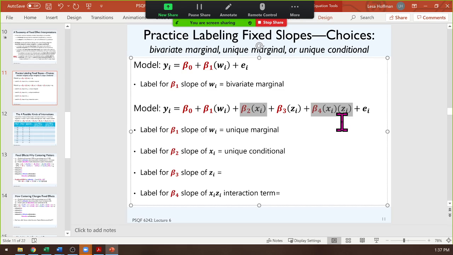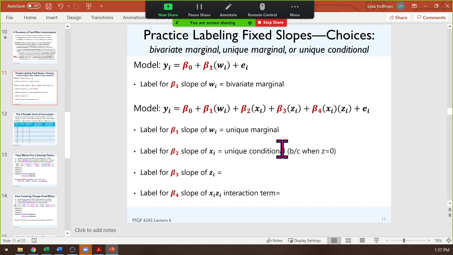That's the only situation in which beta 2 all by itself describes the effect of X, is when Z is 0. So I'm going to add that in parentheses, because when Z is 0. So that's what this idea of conditional means, or what simple is sometimes called. It's the simple slope of X, because it's specific to when Z is 0.